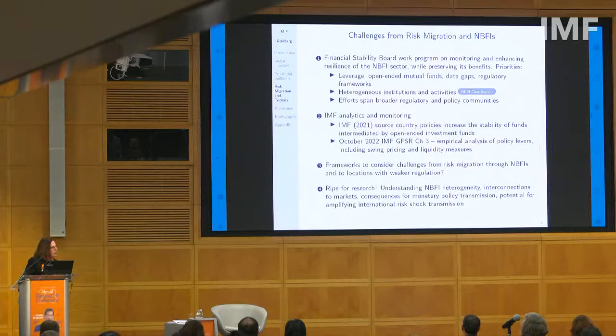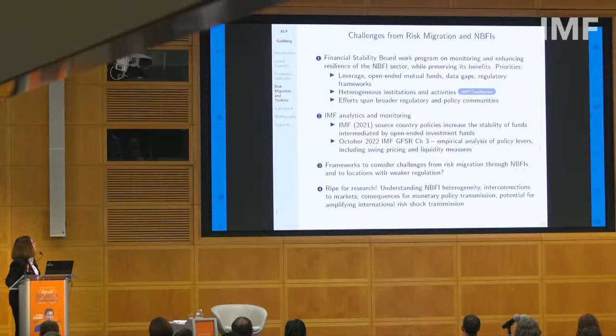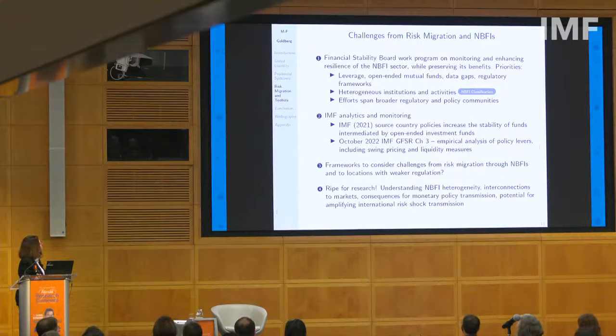So in terms of challenges from risk migration and NBFIs, there is extensive work underway in the global policy community. The Financial Stability Board has a work program on monitoring and enhancing resilience of the NBFI sector while preserving net benefits.